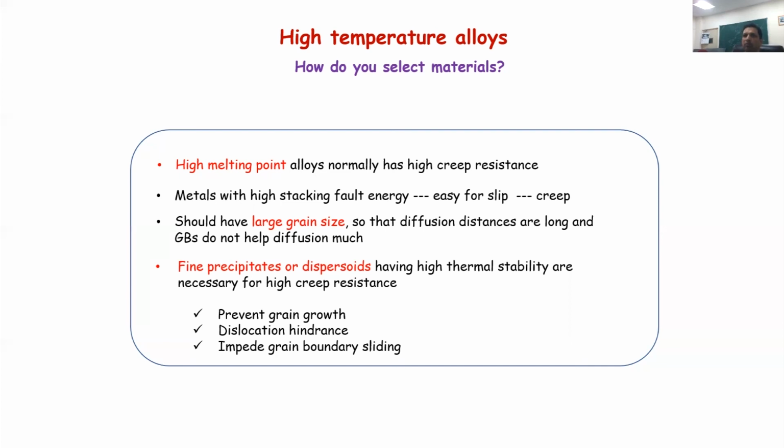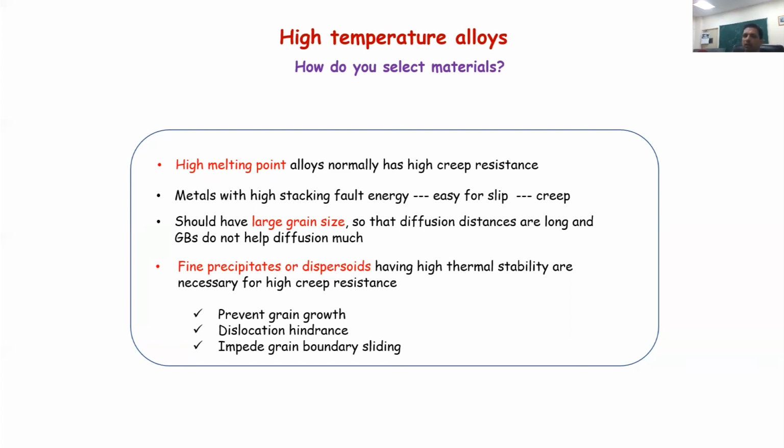Fine precipitates or dispersed solids having high thermal stability are necessary for creep resistance. So when you have fine precipitates in the material, they cause dislocation hindrance, they cause hindrance to the grain growth, and also cause hindrance to grain boundary sliding.